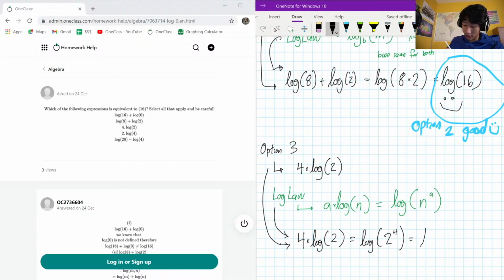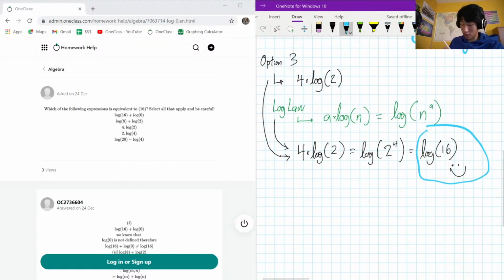So this is log 16. We can draw a happy face here because this is good, so option 3 is good as well.